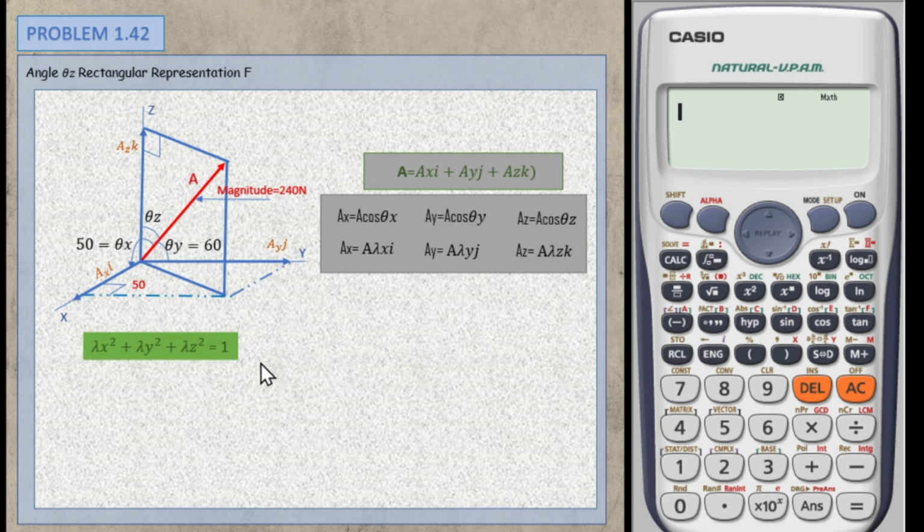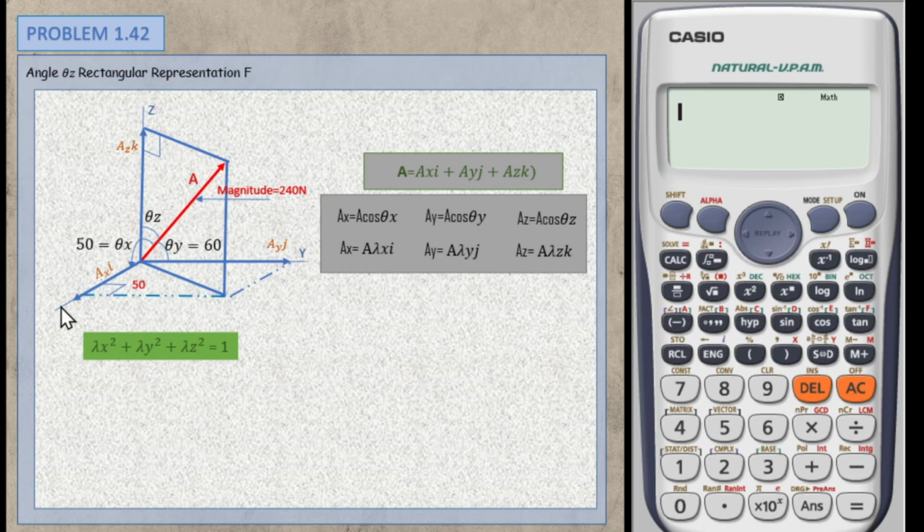Now we can apply this to solve for angle Z. Our unit vector x equals cosine theta x, unit vector y equals cosine theta y, and the same here, unit vector z equals cosine theta z. Looking at this figure, we have a given angle x of 50 degrees, angle y of 60 degrees, and angle z that we need to find.